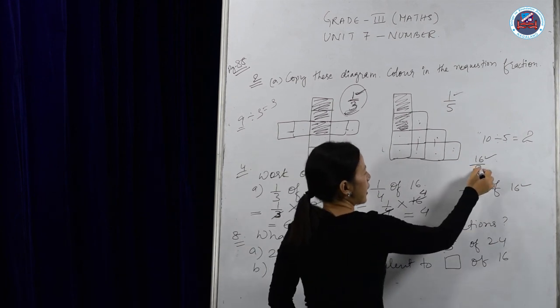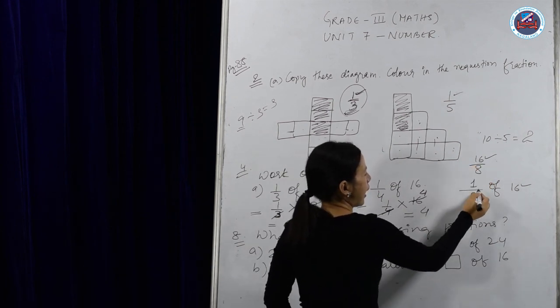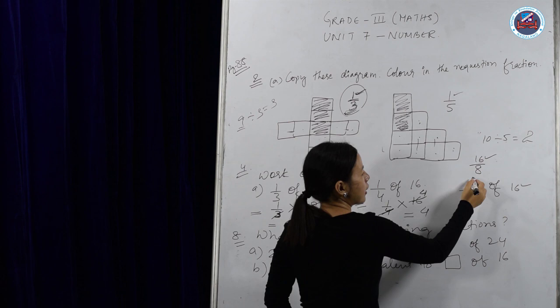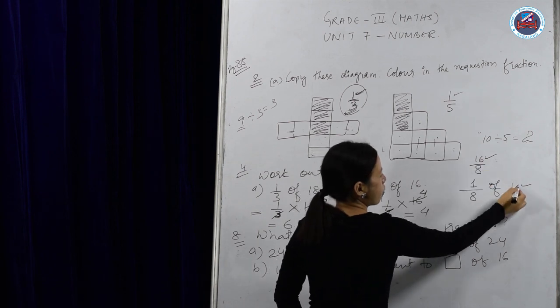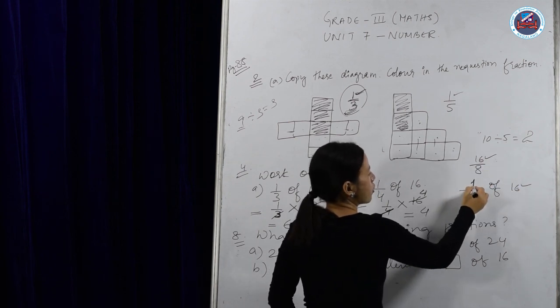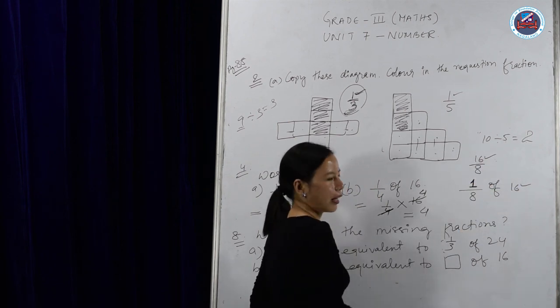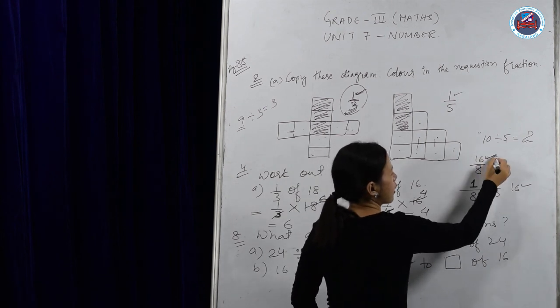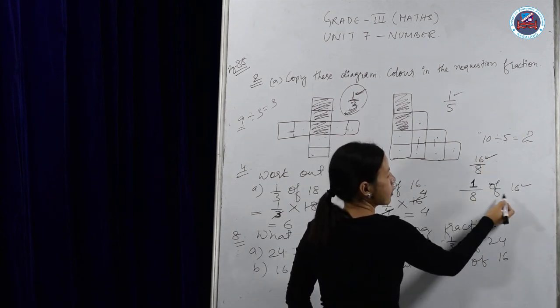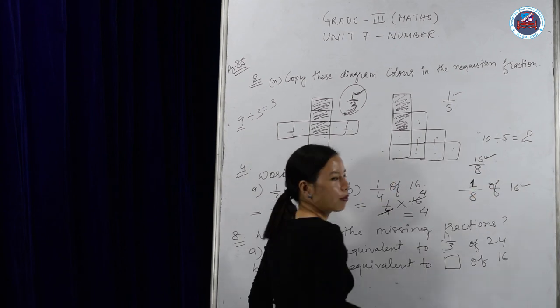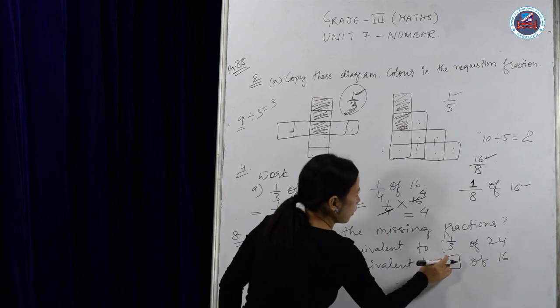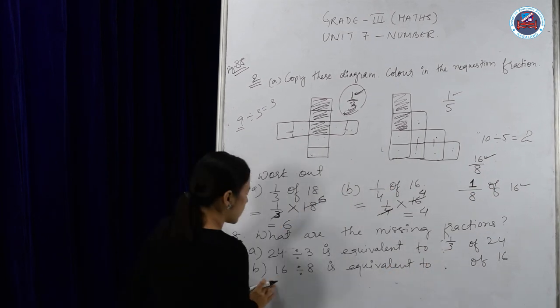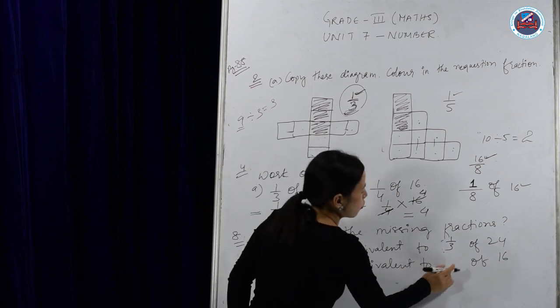Okay? That is, 8 is down, right? And for this top number, nothing is there, so we just take 1. Okay? So when we multiply, of means multiply, so 1 into 16 is 16, and down is 8. Alright? So here your answer will be that 16 divided by 8 is equivalent to 1 by 8 of 16.